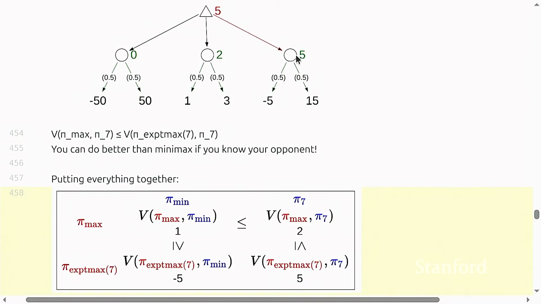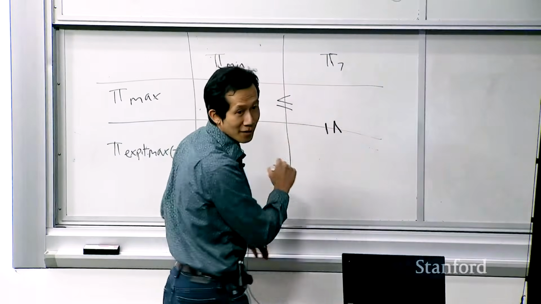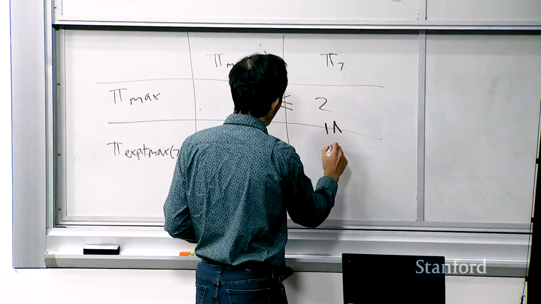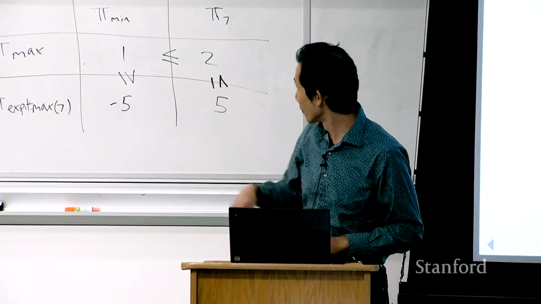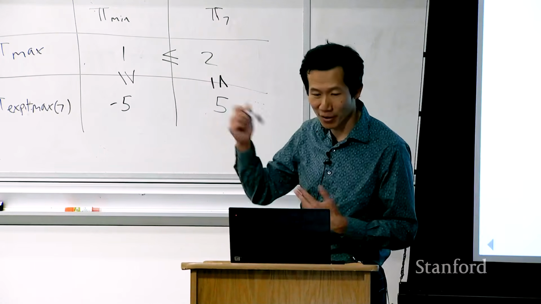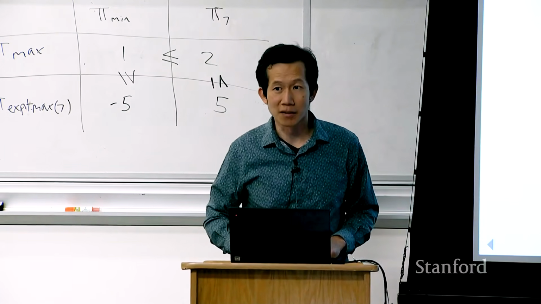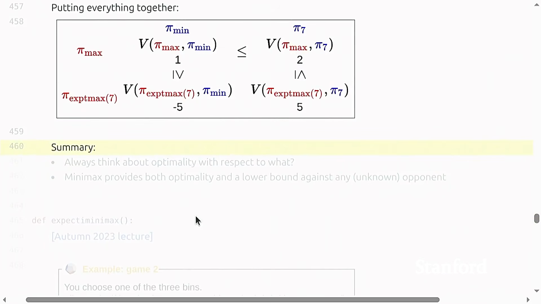And if you play expected max against π7, you're going to get 5. And it checks out that -5 is less than 1, which is less than 2, which is less than 5. I think it's really cool how all of these values are actually kind of related together.